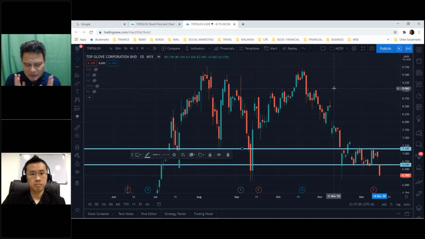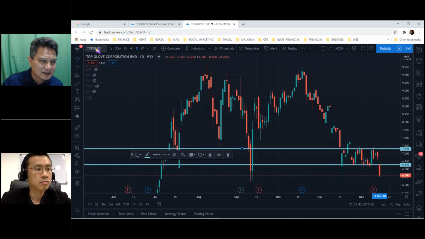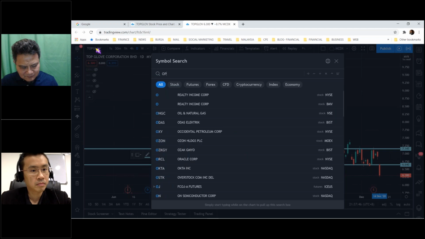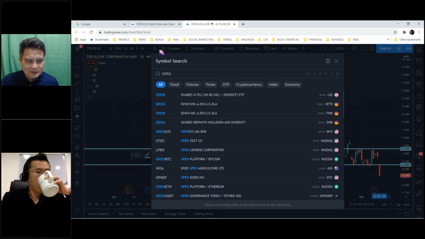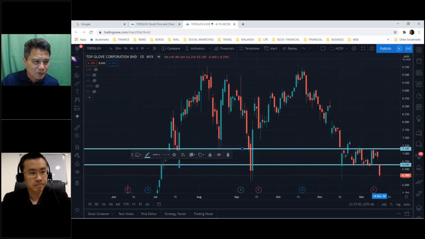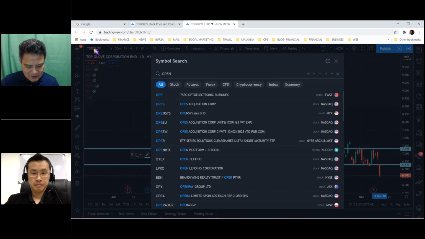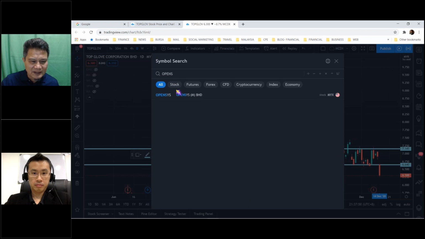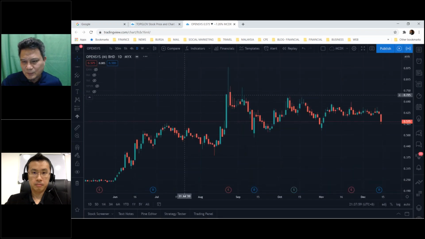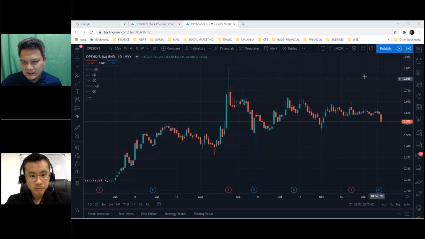What we can do with the candlestick is just wait for the pattern. Yes, maybe there's selling, whatever it is, in OpenSys. Let's look at OpenSys, whether there is any reversal pattern. All right, let's go to OpenSys.